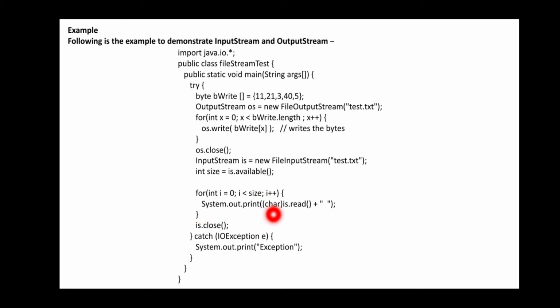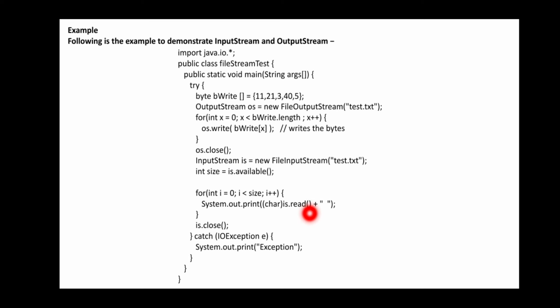System.out.println of char, because when you store any information, whether it is a byte, int or double, in a file, it will be converted to a character. So at that position you are converting to character values. char is.read reads the information. It is going to read 11, then 21, 3, 40 and 5.